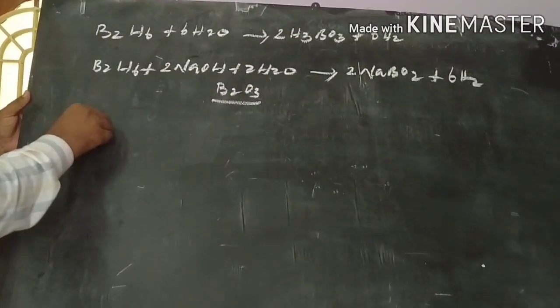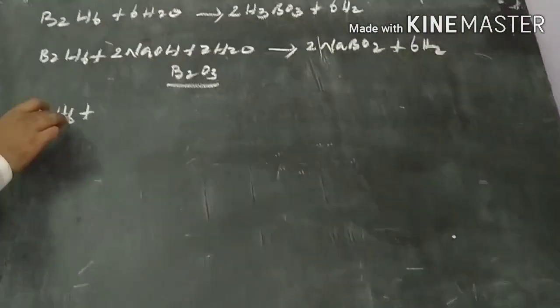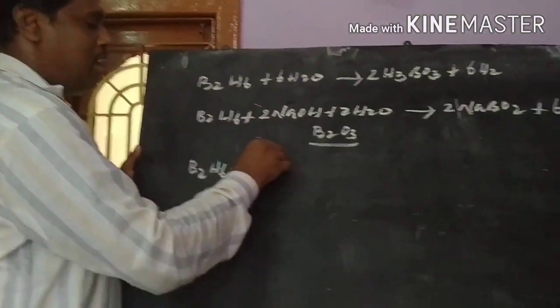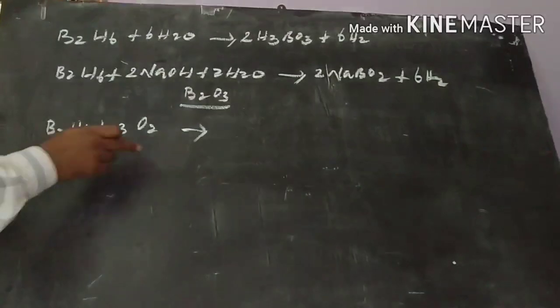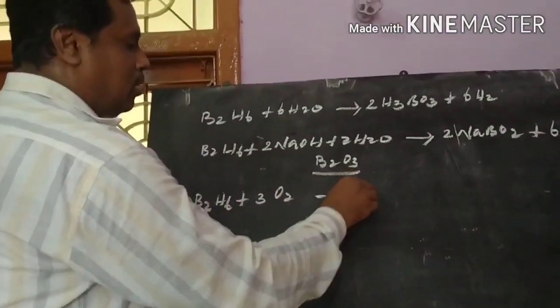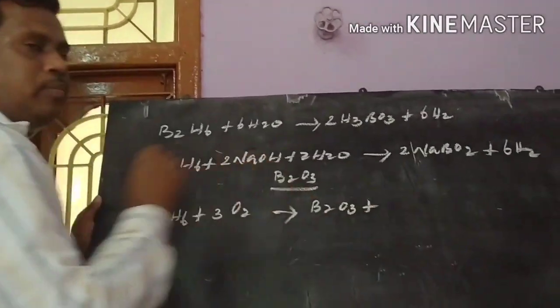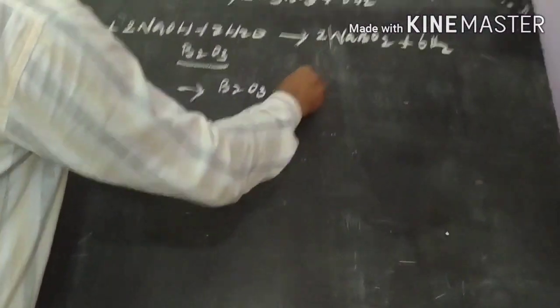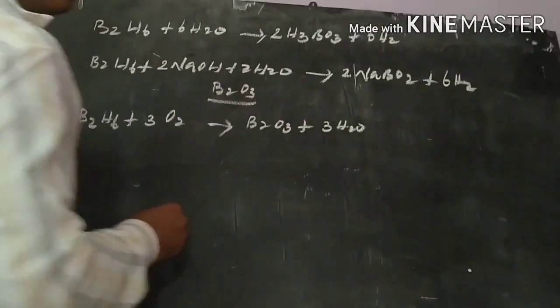So B2H6, diborane, reacts with 3 moles of O2 to give B2O3, boron trioxide, plus 3 moles of water.